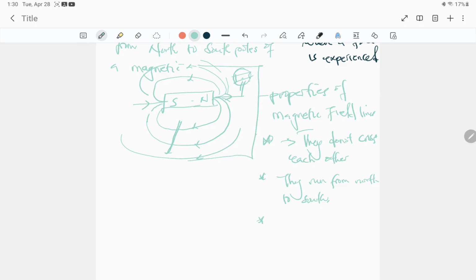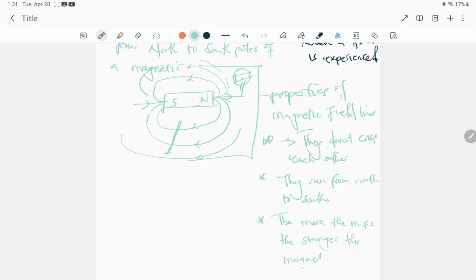Then the other one is, the more the magnetic field lines, the stronger the magnet.